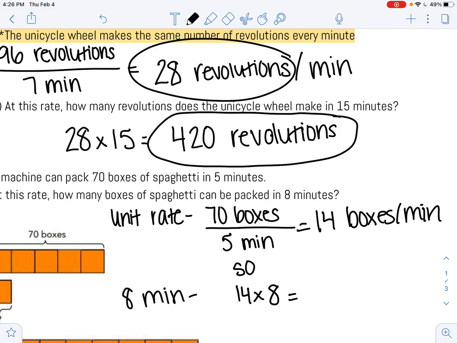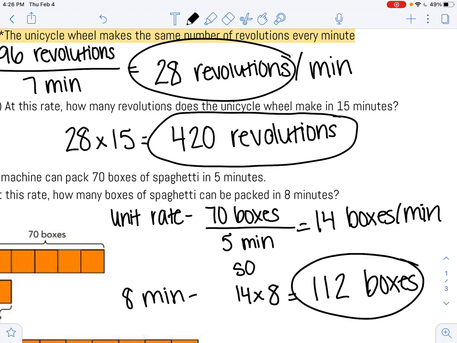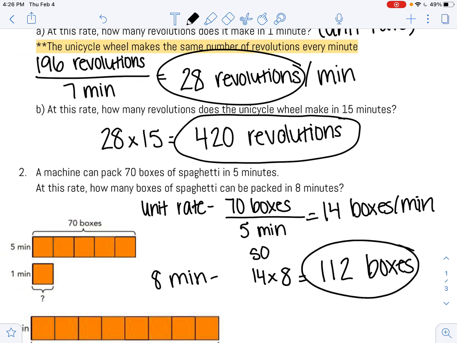So I'm taking 14 times 8. And in total, the machine can pack 112 boxes. So we started with a rate, found our unit rate, then multiplied our unit rate by the other amount that was given to us.